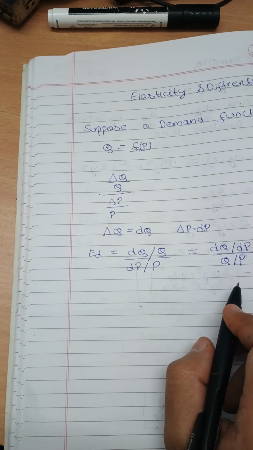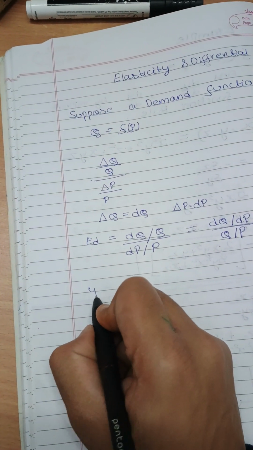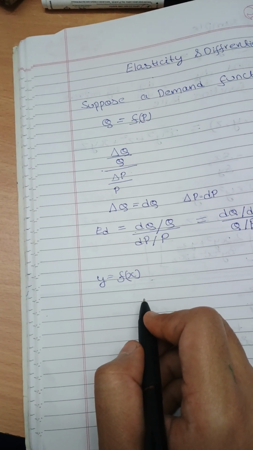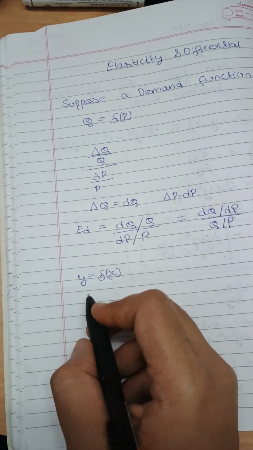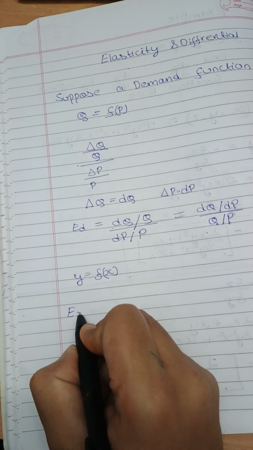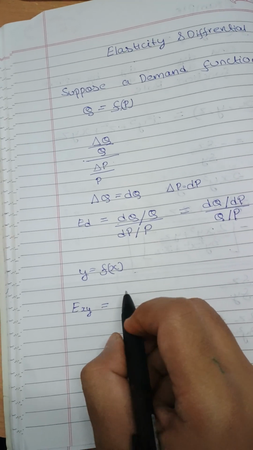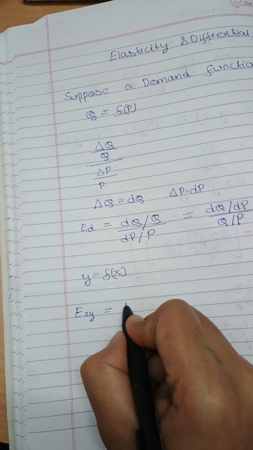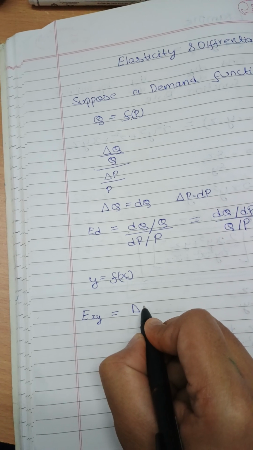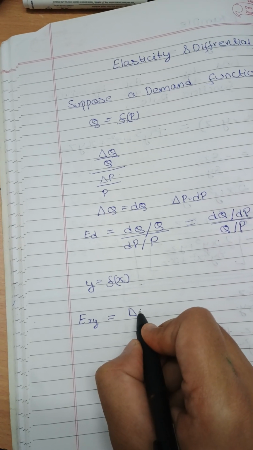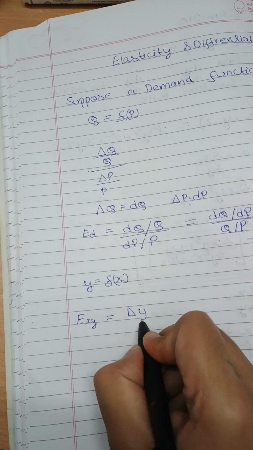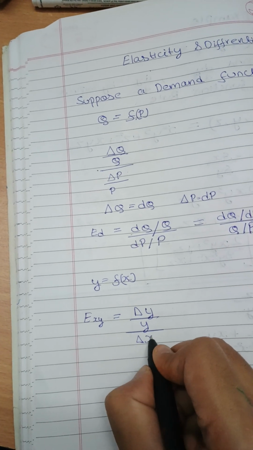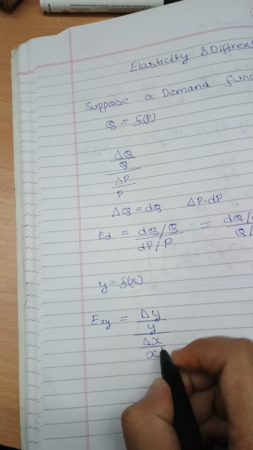For example, we have a new function y equals f(x). So we can write the elasticity E_xy equals change in quantity of y upon original y upon change in quantity of x upon original x.